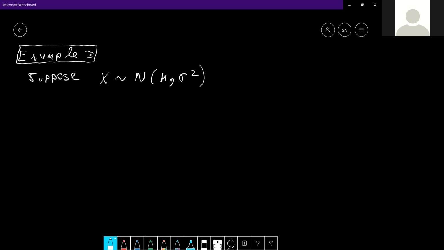Suppose you have a normal variable and we want to derive the 3 functionals. First of all, the MGF. The MGF is M of t, which is defined as the expectation of e to the power tX.